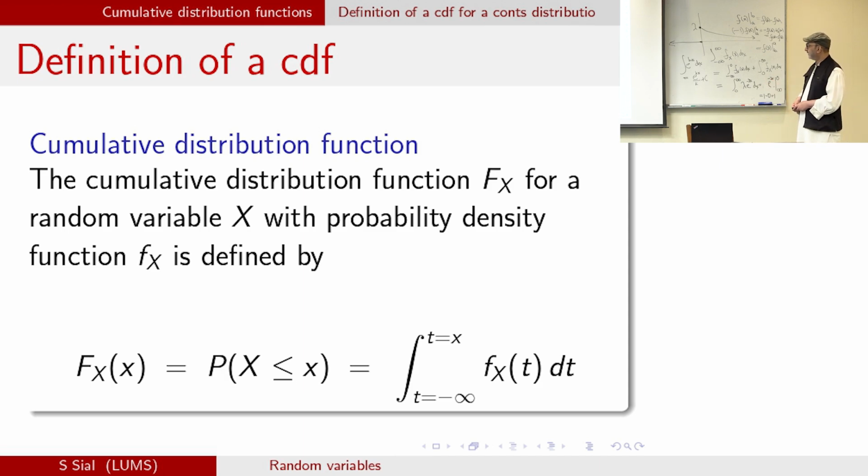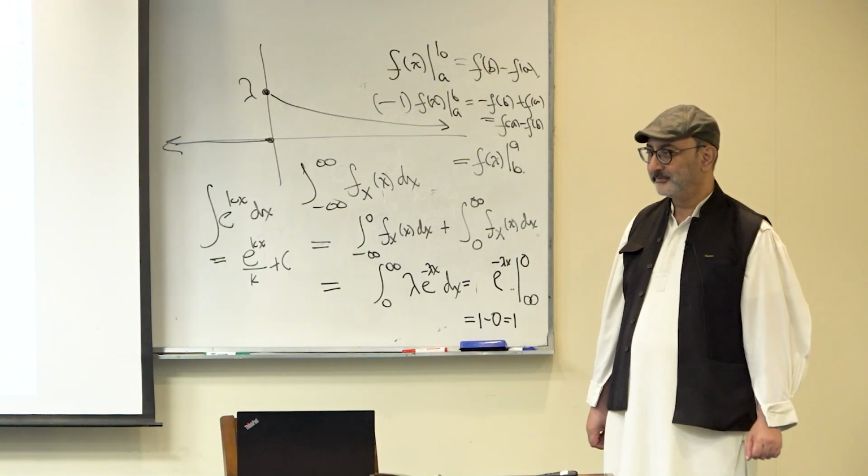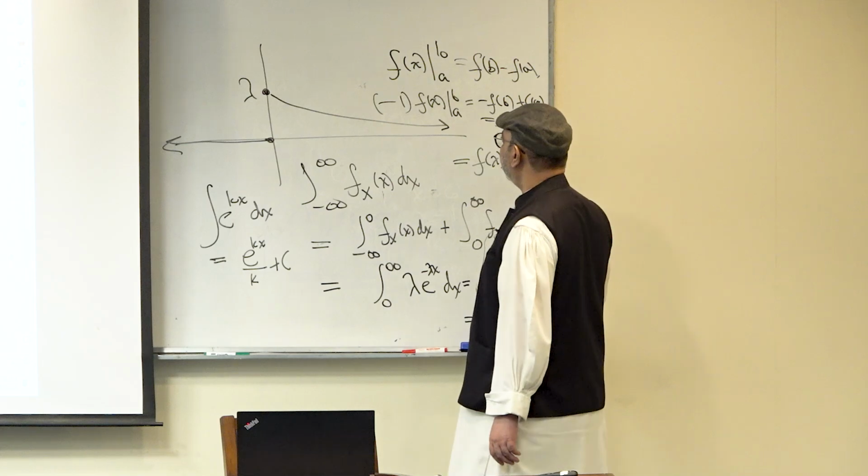Okay. All right, so let's say that we continue with this exponential random variable, which has this PDF. Okay? Now I want to define the CDF. The PDF comes in two pieces, so we're going to need at least two pieces to define the CDF.